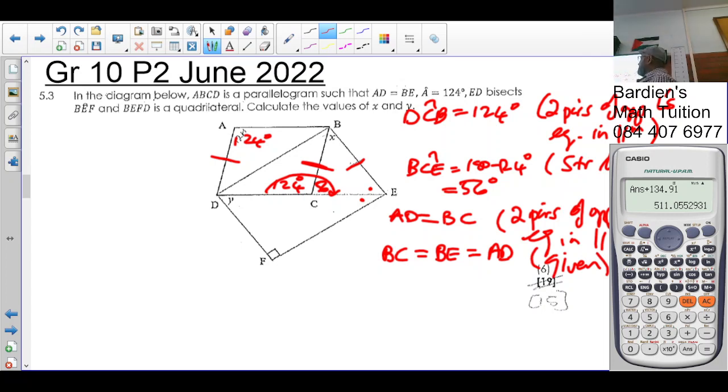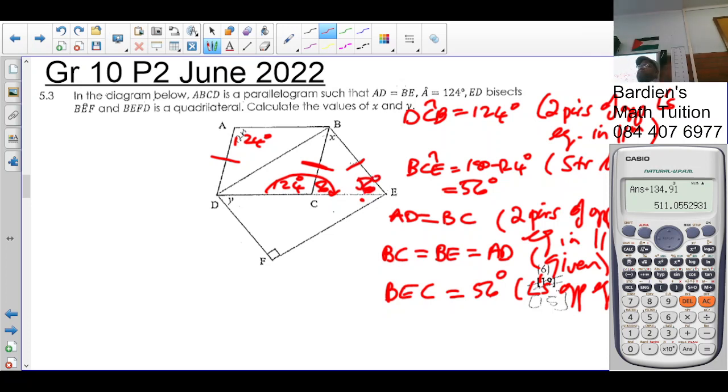Which now means that this angle here, BED, is going to be 56. So BEC is equal to 56 degrees. Why? Angles opposite equal sides. Have I solved for x?